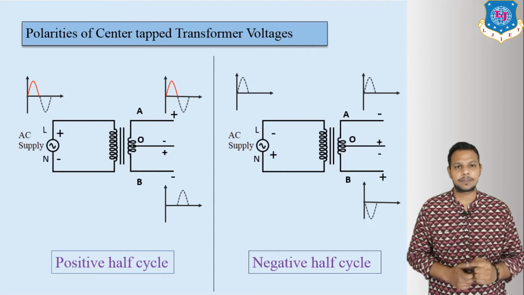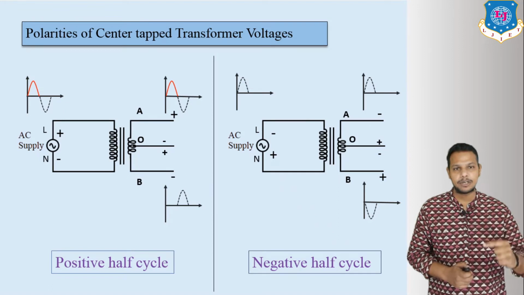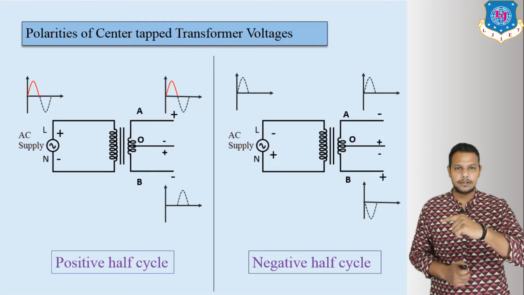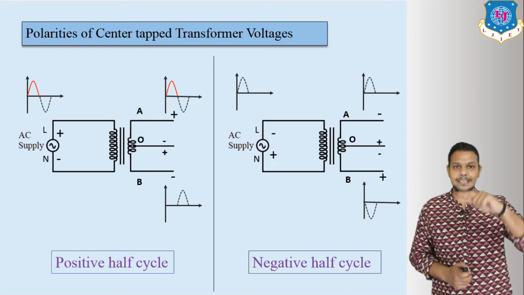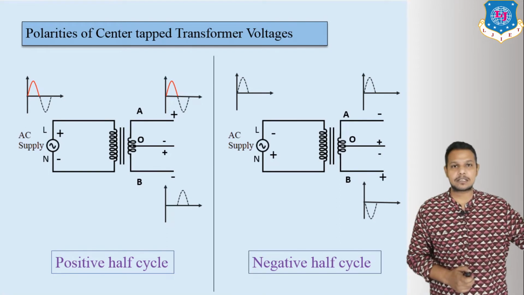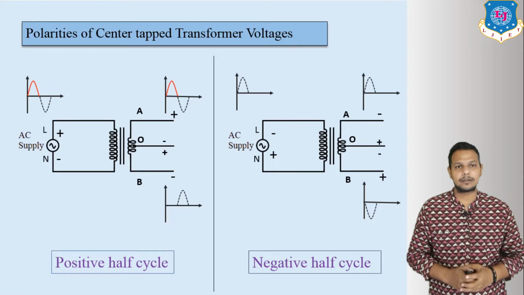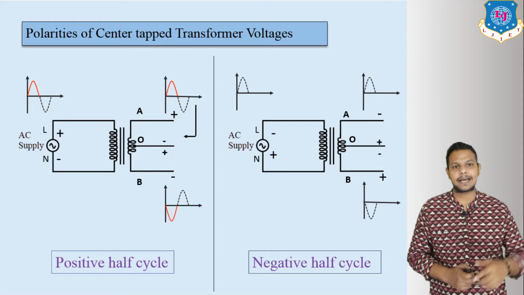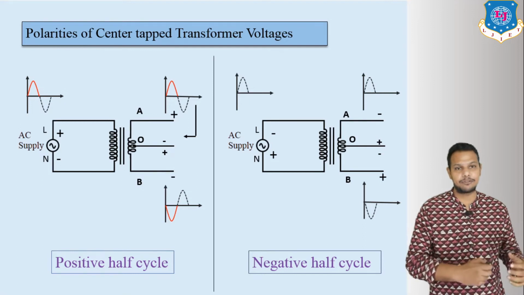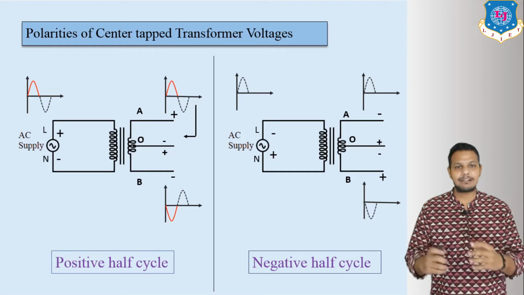But the polarities are a little bit changed for VBO at the secondary side. Here the main input polarities are plus to minus, but VBO is minus to plus. So both are 180 degrees phase shifted, which means we get the negative portion, a 180 degree phase shift with the input voltage. So this is the positive half cycle.